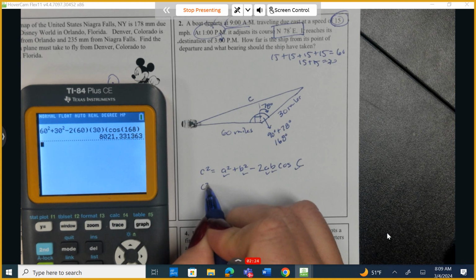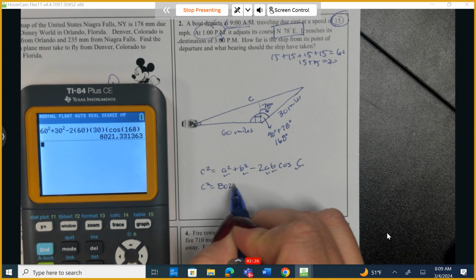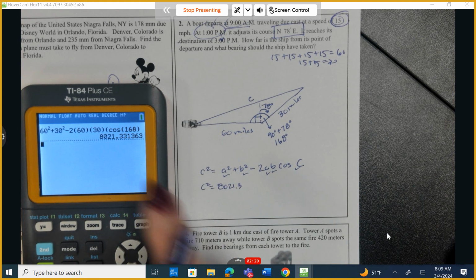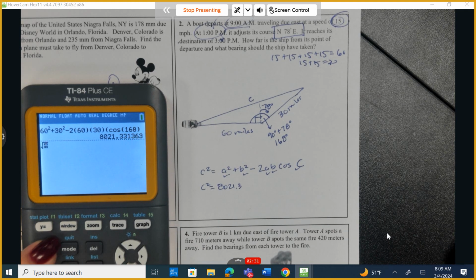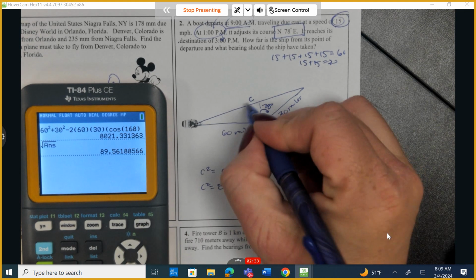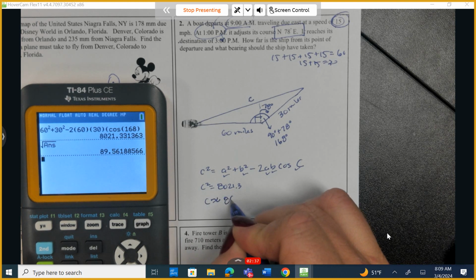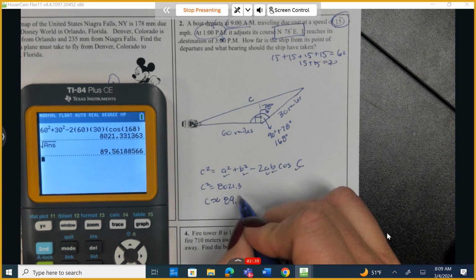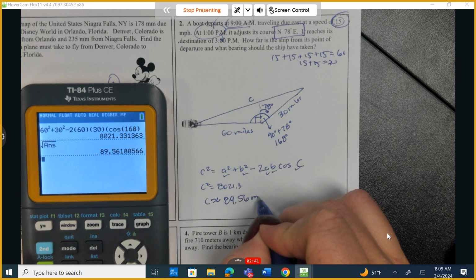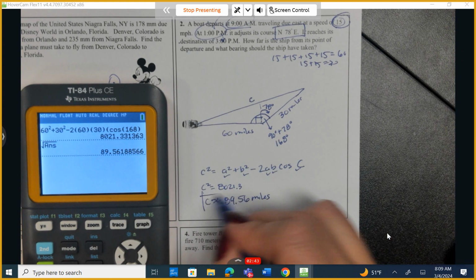Then that's what C squared is equal to, 8,021.3. Now I need to take the square root of that, so I'm going to just take that and copy it into place, and we can see that this length is approximately 89.56 miles.